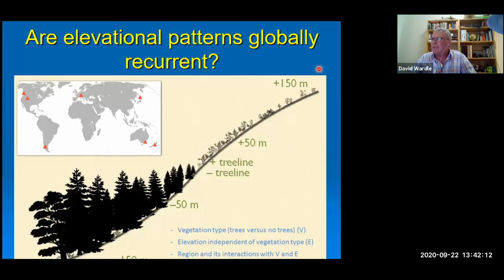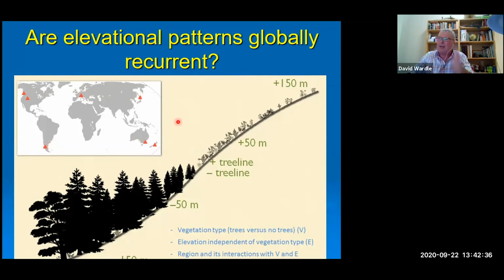Now, what we're interested in is whether in fact the patterns we find here occur in other parts of the globe. So we carried out a study that was run by my former postdoc, Jordan Mayer, which involved looking at 7 different locations around the world where there are well-defined elevational gradients. British Columbia and Colorado, the Alps of Austria and Switzerland, Hokkaido in Japan, New Zealand, Kosciuszko in Australia, and southern Patagonia.